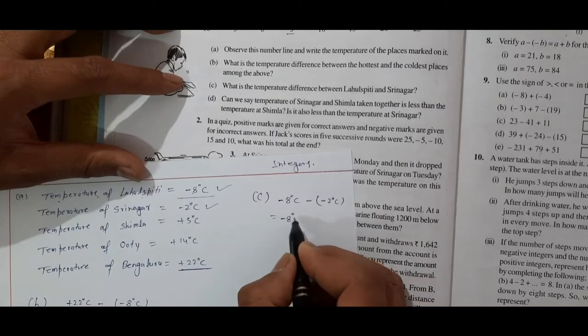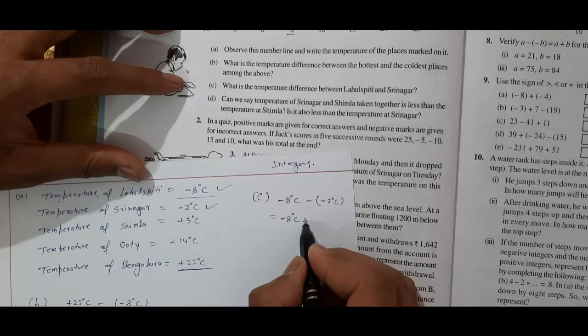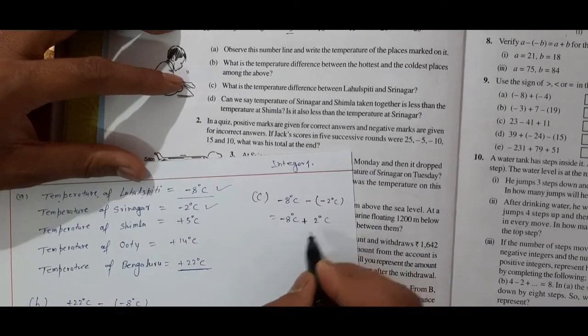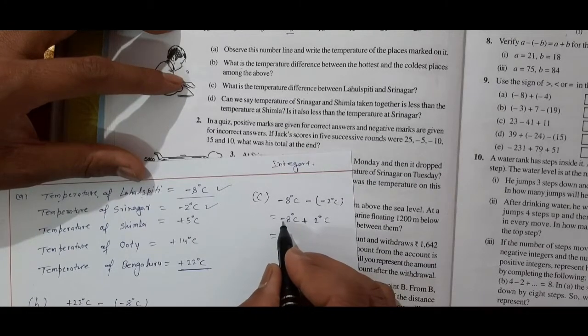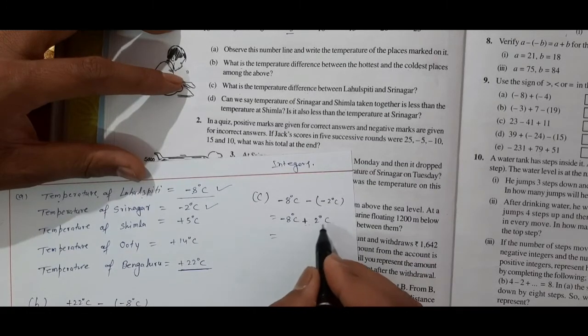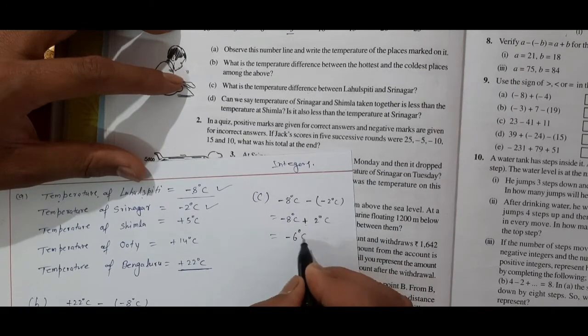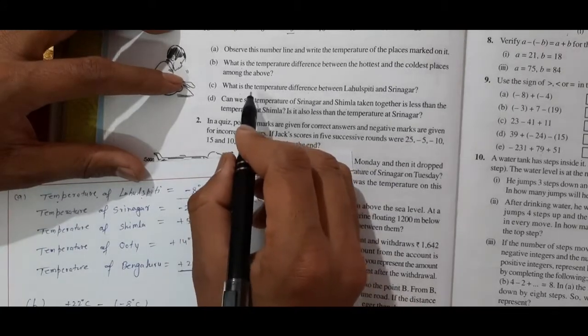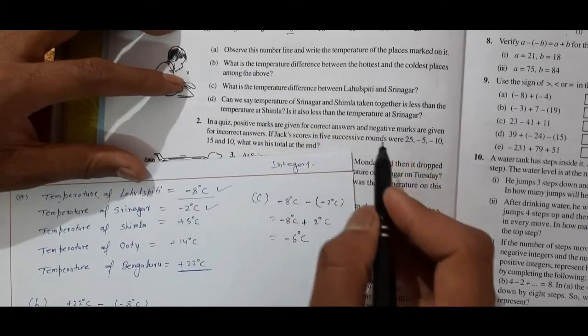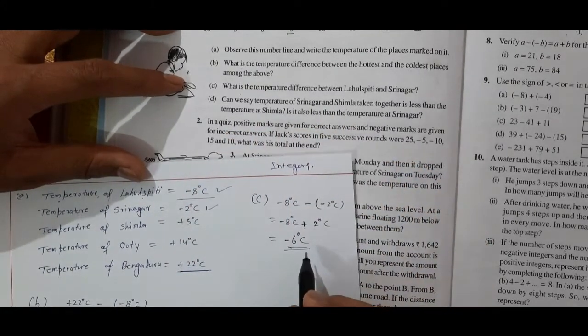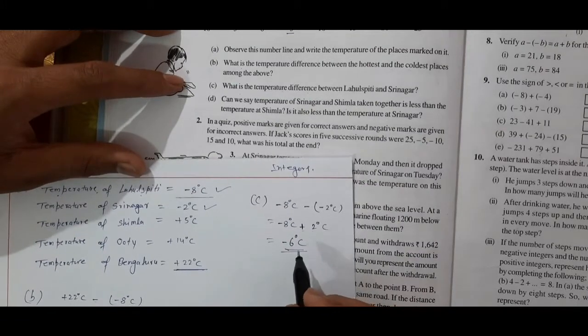Then -8 degree Celsius minus minus 2 degree Celsius. Here -8 degree Celsius plus 2 degree Celsius. So -8 plus 2 is -6 degree Celsius. Therefore, the temperature difference between Lahaul Spiti and Srinagar is -6 degree Celsius.